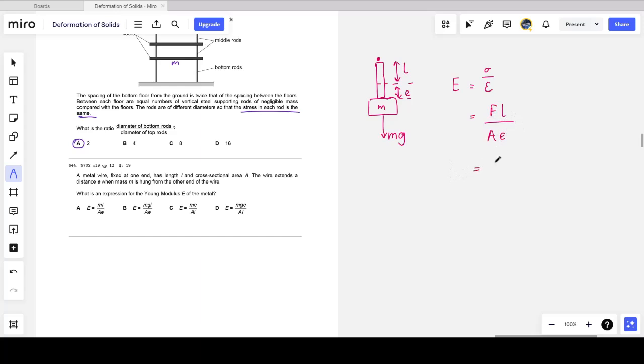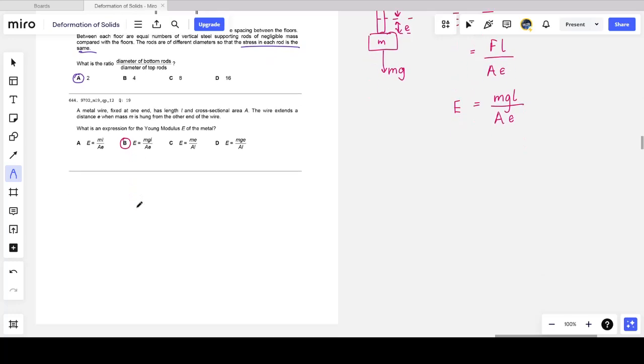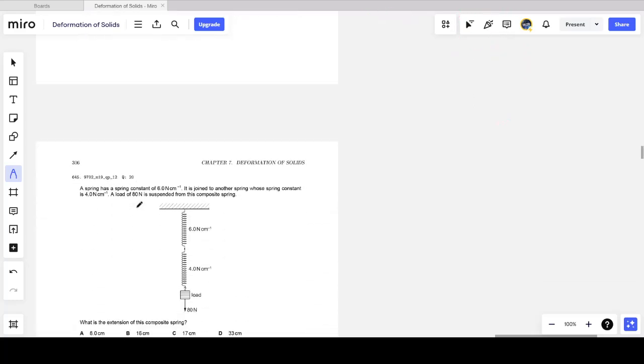And in this case, the force is the weight of the mass, mg, times the original length of the wire L divided by the cross-sectional area A times little e, the extension. And we can see that luckily this corresponds to one of the options that are there, and that's option B. So happy to get a question that is a little bit better than the ones we've been seeing thus far. So that's mgL over Ae, the Young modulus.